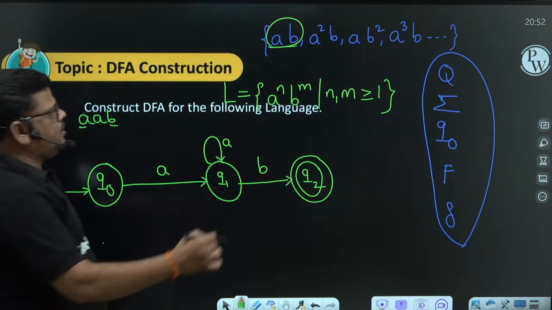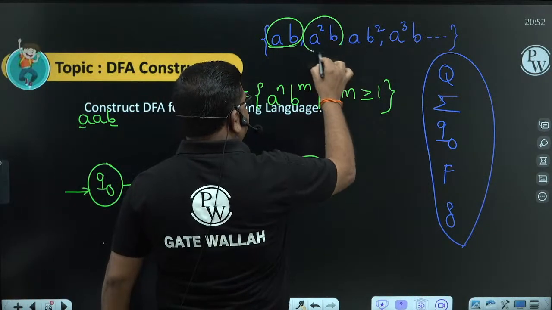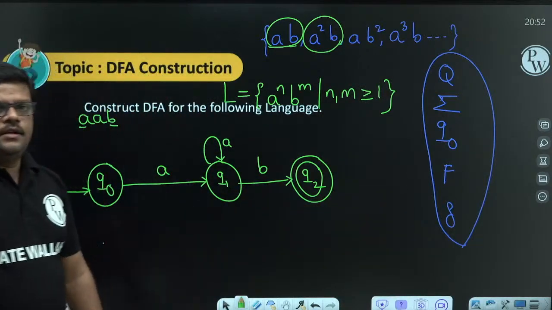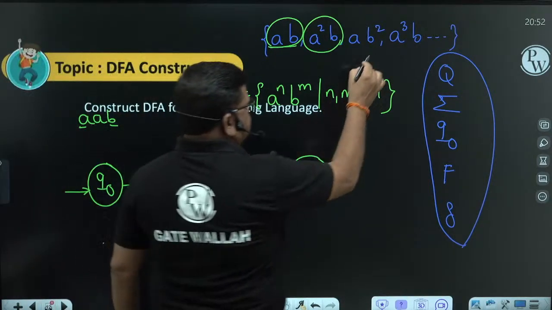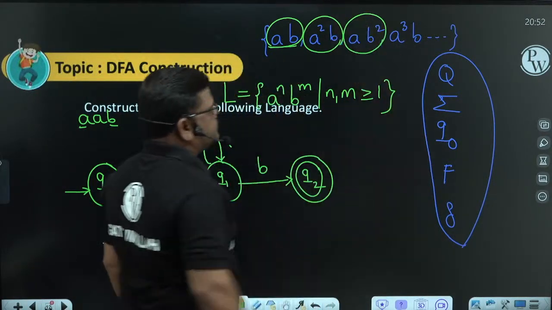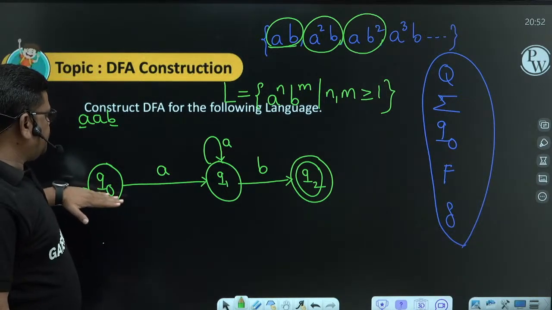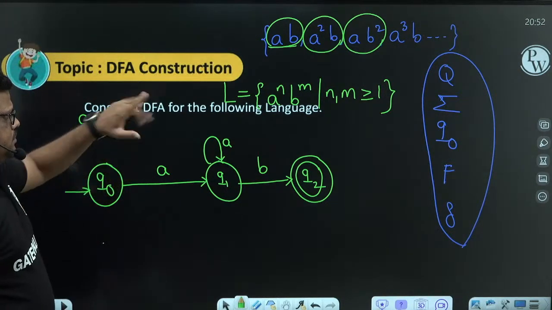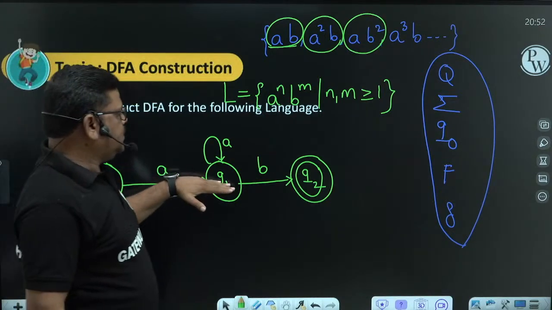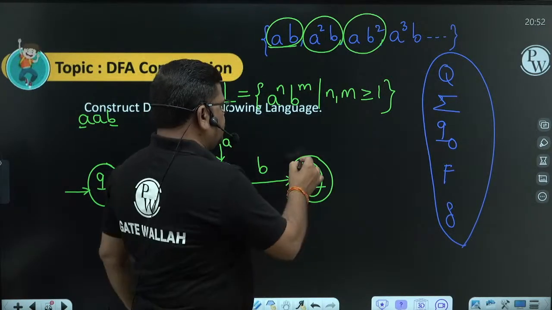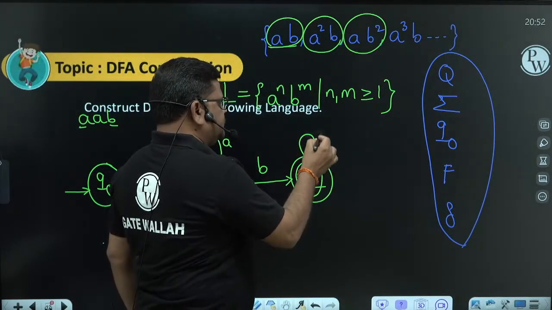So the second string is also accepted. Accept the third string, A to B's. Start from the initial state, 1 A accepted, 1 B accepted, for the second B, self loop.